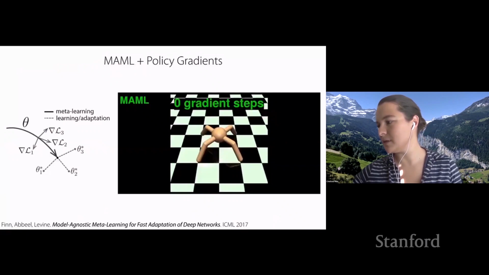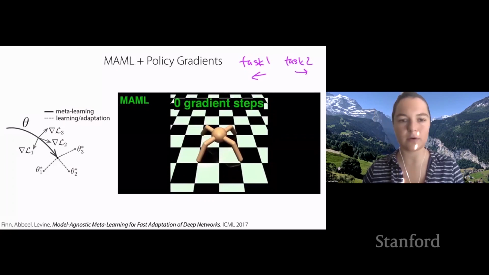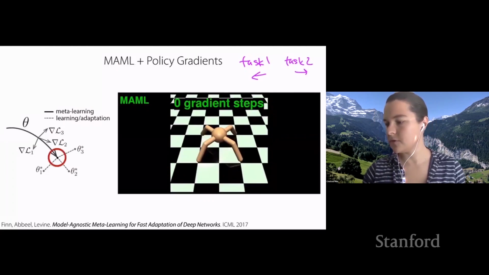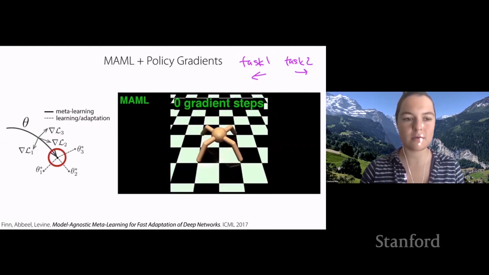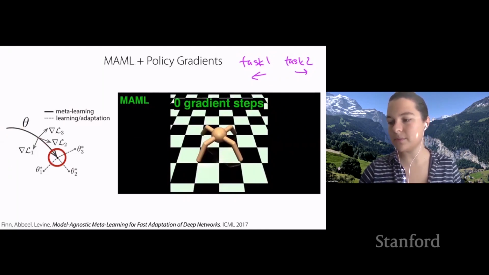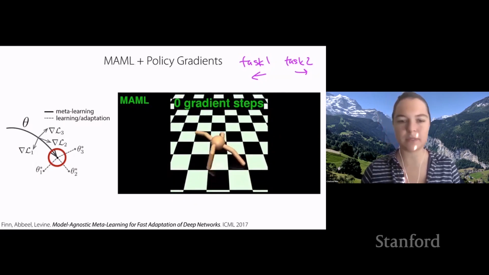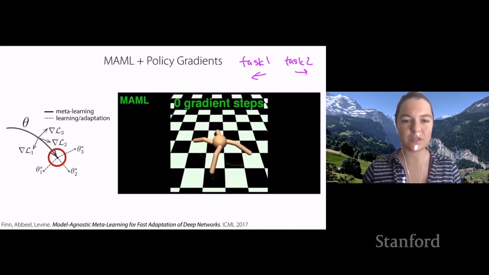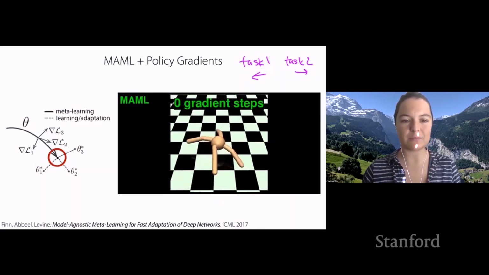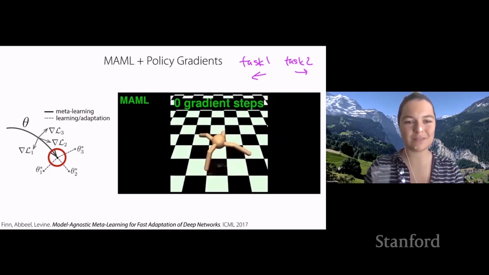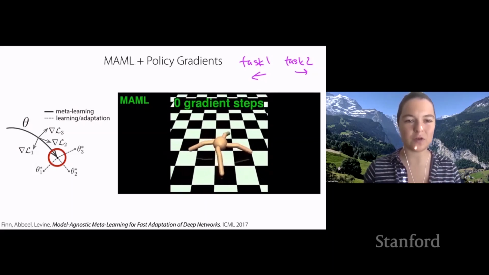One task will be going left, and the other task will correspond to going right. First, we'll visualize what the policy parameters look like after the meta-learning process, but before adapting to one of the tasks. So it looks like this, where essentially the policy is running in place. It's ready to run in one of the two directions.